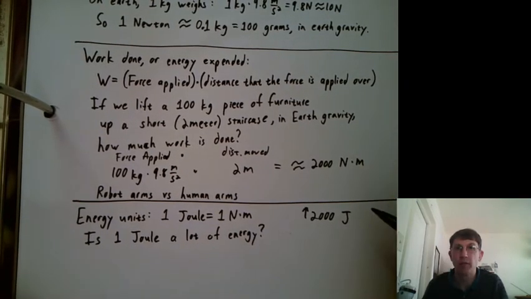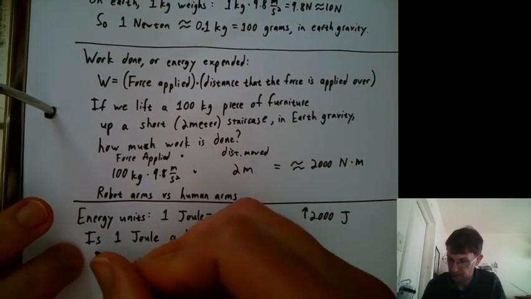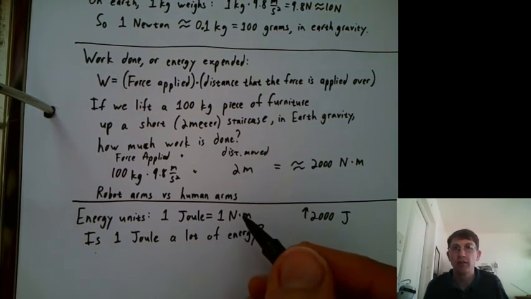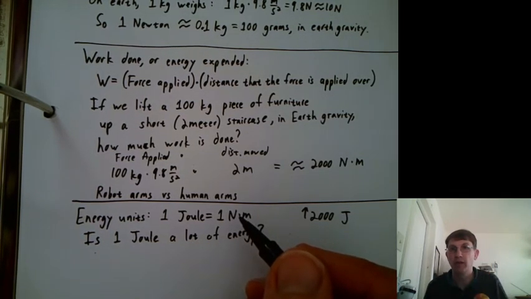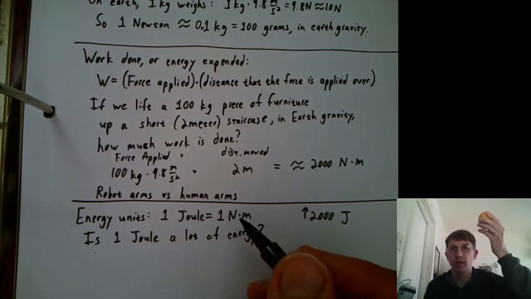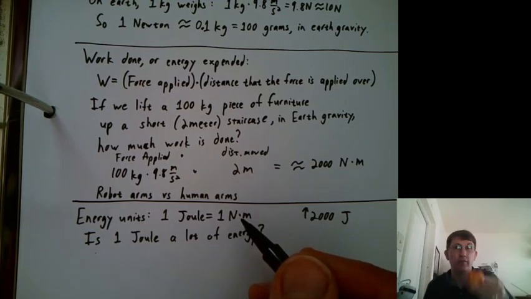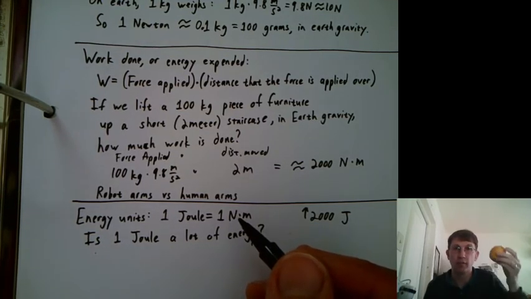An obvious question would be, is 1 joule a lot? Well, what can we think of that gives an energy of 1 Newton meter? That would be taking something that weighs a Newton and moving it vertically 1 meter. Does that take a lot of energy? Not really. Another way to think of it is, if I want to apply that much energy to something, I could drop this 1 Newton item onto my foot, for example, from a height of 1 meter.